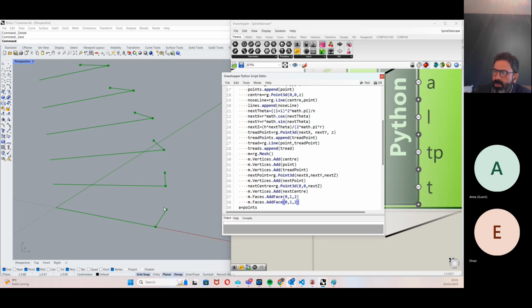Faces 0, 1, 2, and then that will be 2, 3, 4, 0. 2, 3, 4, 0.